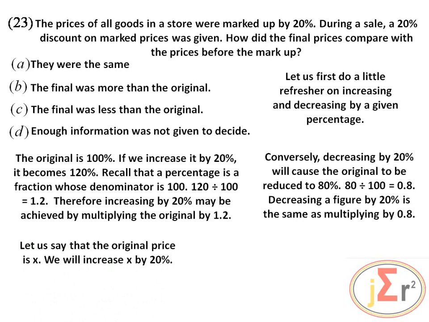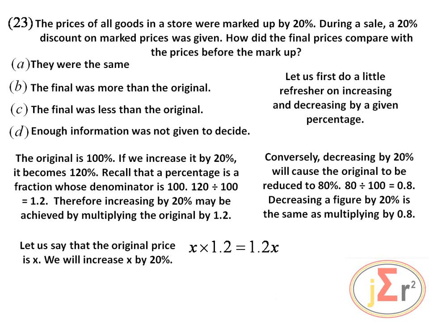Let us say that the original price is x. We will increase x by 20%. How are we going to do that? By multiplying by 1.2. So x multiplied by 1.2 is 1.2x.